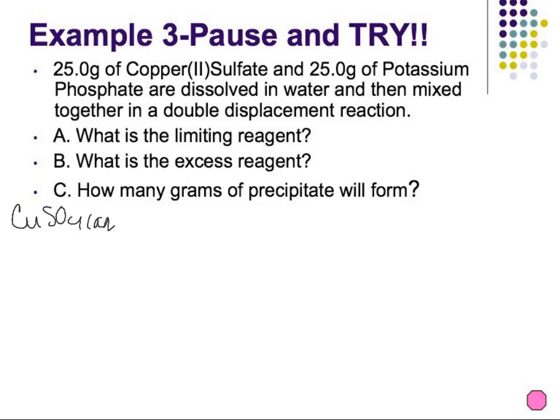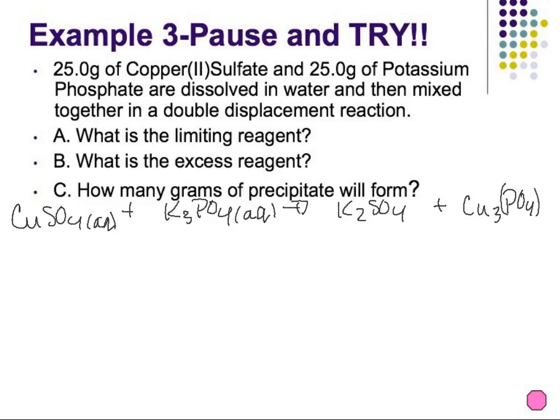That'll be aqueous, added to K3PO4, also aqueous, making K2SO4. Once we swap and drop, we would need to check our solubility rules on that one. Or Cu3(PO4)2, copper 2 phosphate. And we'll check our solubility rules.